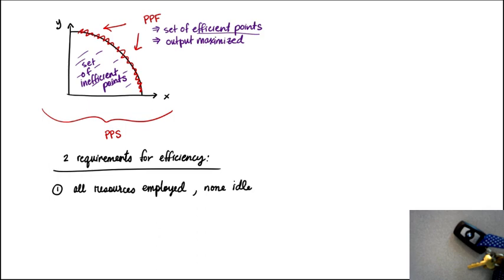All resources are being used for some productive capacity. Do you agree with me, guys? If we have idle resources, resources that are unemployed, we can't be maximizing output, right? So that's kind of just intuitive. If you have resources not employed, you can't be on the PPF, right?